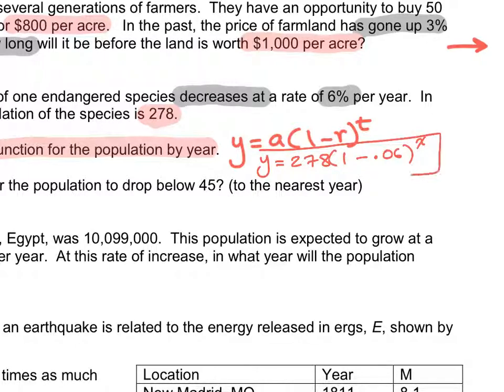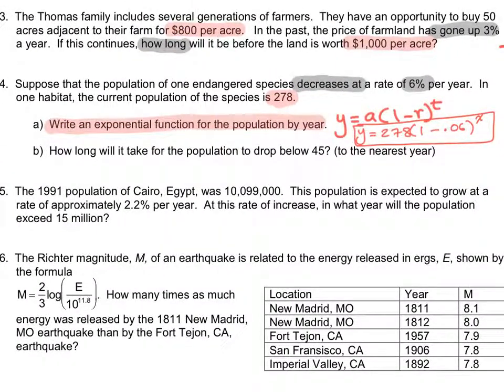So that's the equation they want. How long will it take for the population to drop below 45? So now they gave us the final amount, it's 45. So let's plug it in, and 1 minus 0.06 is going to be 0.94 to the power x.